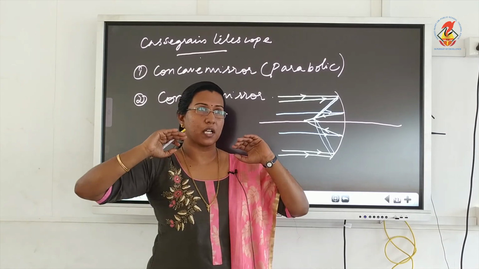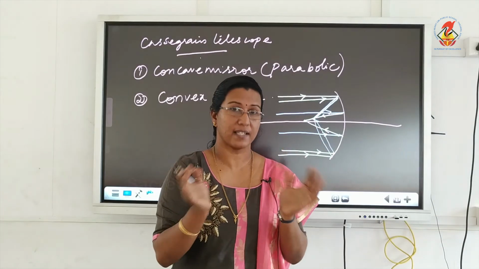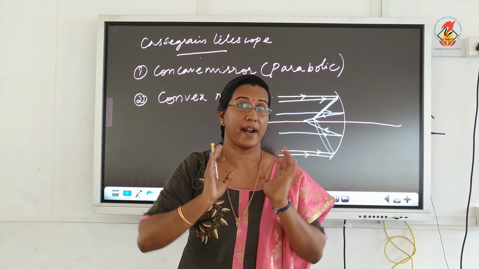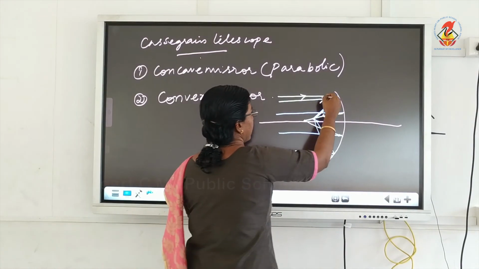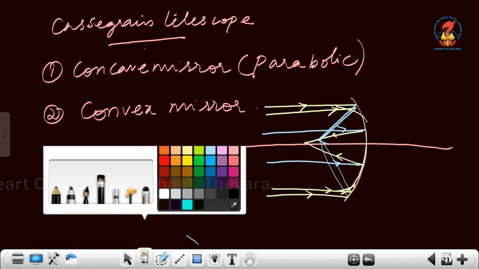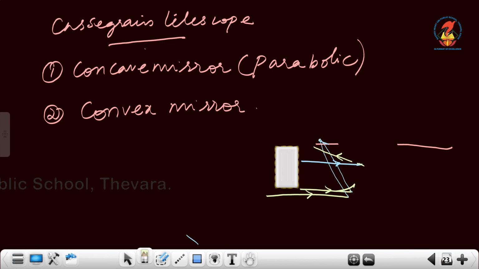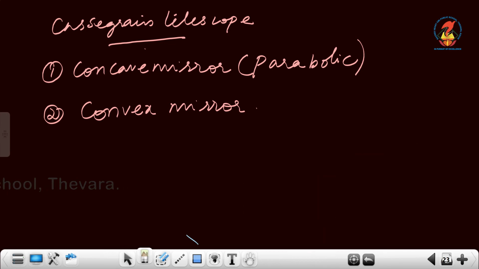So in order to cut off the marginal rays, we make the mirror more parabolic, more curved, so that a lesser number of marginal rays will enter the mirror. So for a Cassegrain telescope, what mirror are we using? We are using a parabolic concave mirror.